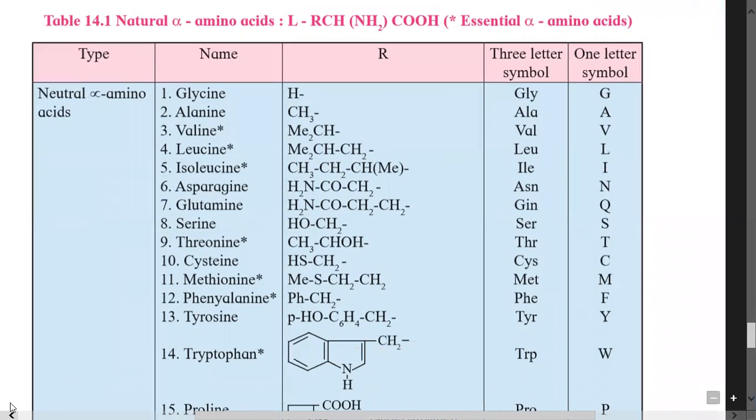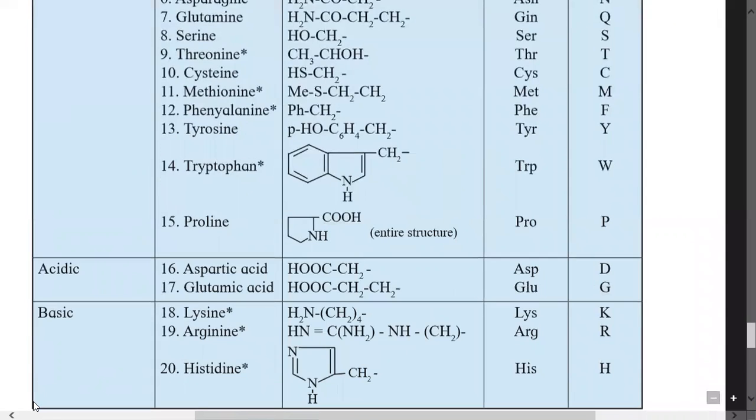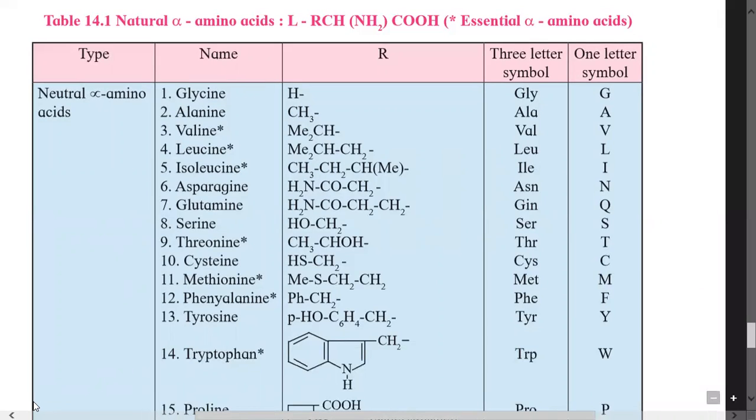Here the asterisk is marked. These are essential alpha amino acids. These amino acids are classified into three types: one is neutral, second is acidic, and third is basic. In a neutral alpha amino acid, the NH2 group and COOH group are equal in number.